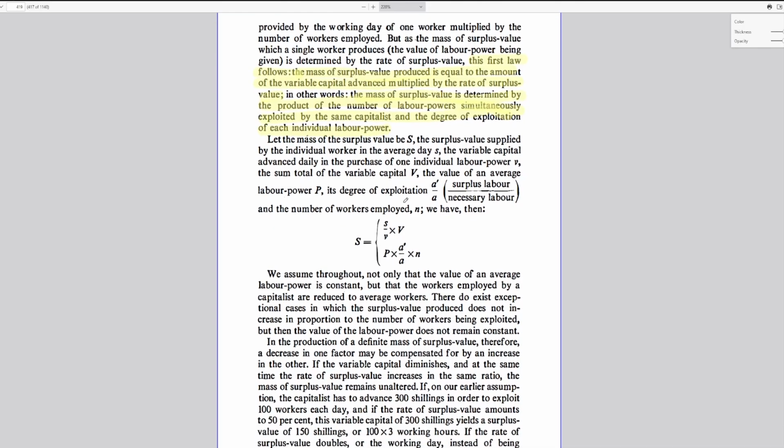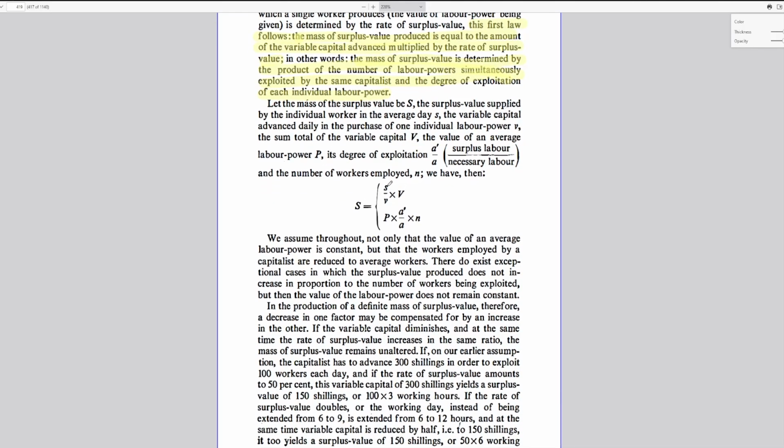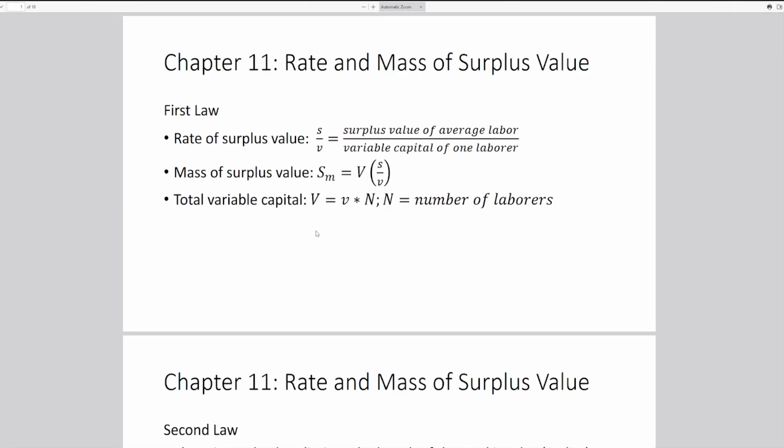You can write this formula here, and I rewrote this in my notes. When I switch tabs, you all can see that. Okay, cool. So, first law, a slight review from earlier: the rate of surplus value is s over v.